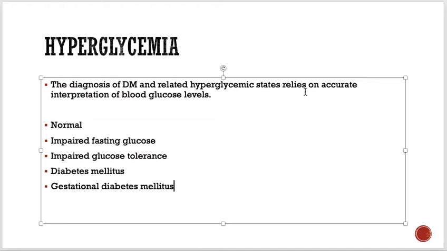So now to understand all these things, we must know the normal values of glucose in the blood, as well as when we say someone has impaired glucose tolerance or impaired fasting glucose.